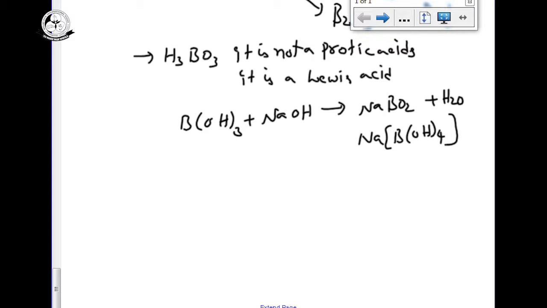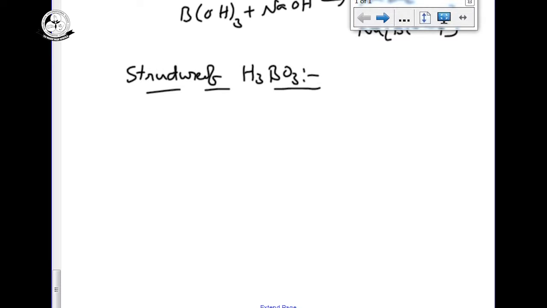Structure of orthoboric acid, H3BO3. In the solid state it can form a two-dimensional structure, because it can form hydrogen bonds.